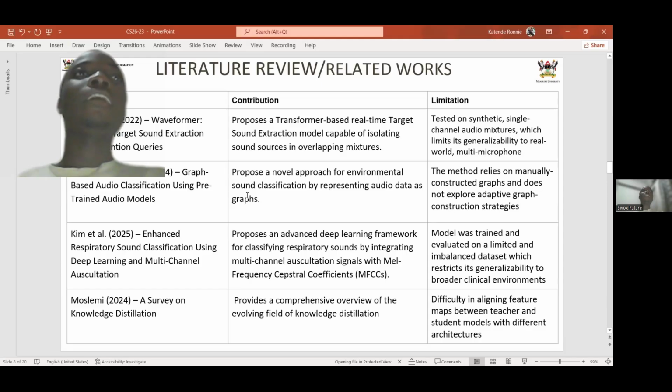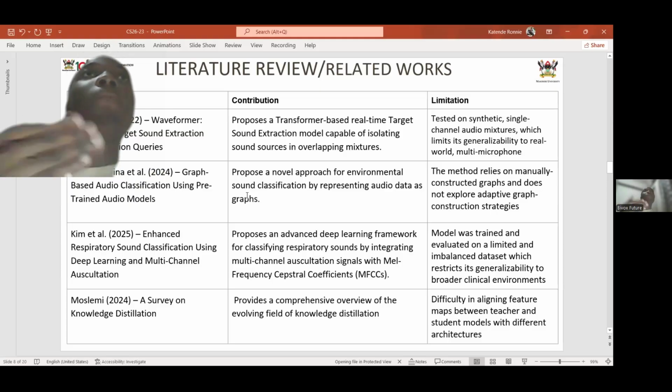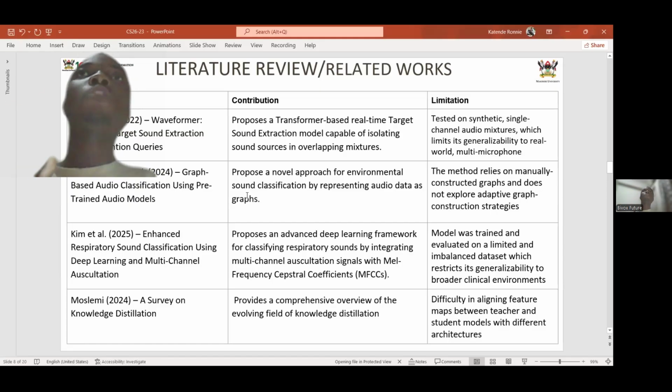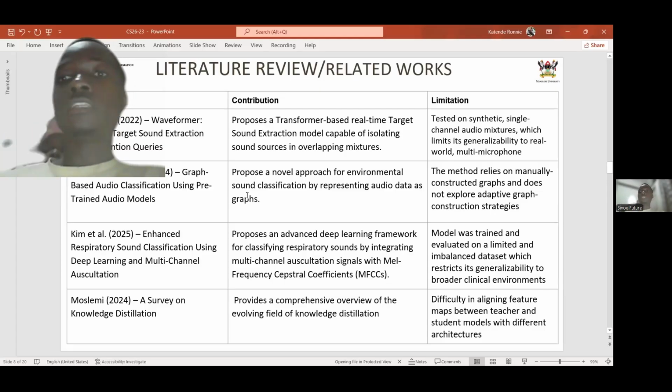Crackles, let me say that if a person coughs or breathes, that sound that comes, the crackles, is that popping sound that comes out after coughing. This paper proposes so much on sound classification, whereby it can classify that this cough was specifically for pneumonia, this cough was specifically for tuberculosis. The coughing rate of a tuberculosis patient is not the same as a person who has a normal cough.